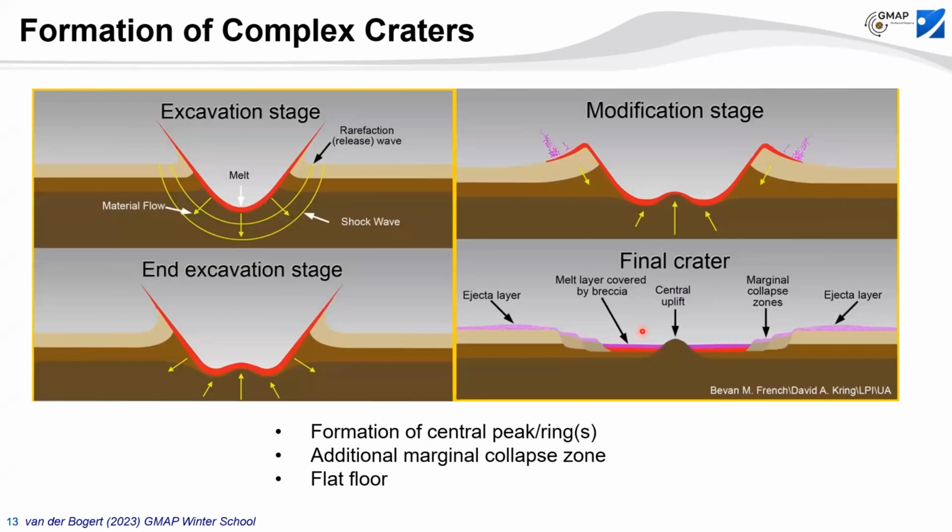So let's look at that in terms of the same kinds of steps, but just a simplified view that we looked at for the simple crater. The contact and compression stage is essentially the same. So that's been left out here.